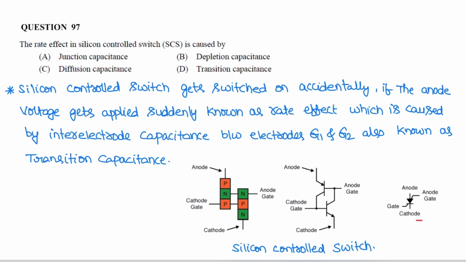This transition capacitance is responsible for rate effect. So that is D. The transition capacitance between the gates G1 and G2, that is between anode gate and cathode gate, is responsible for rate effect.